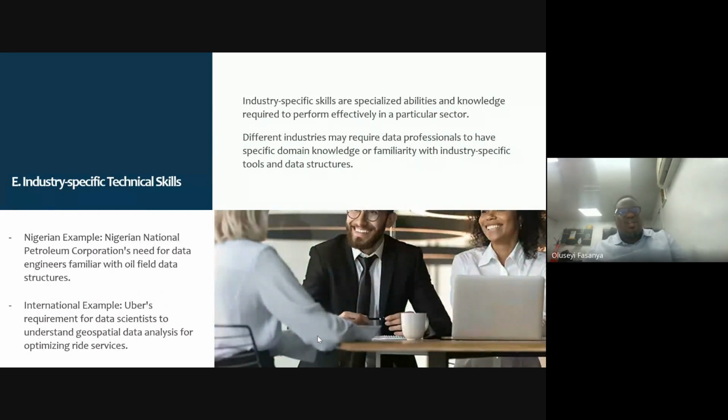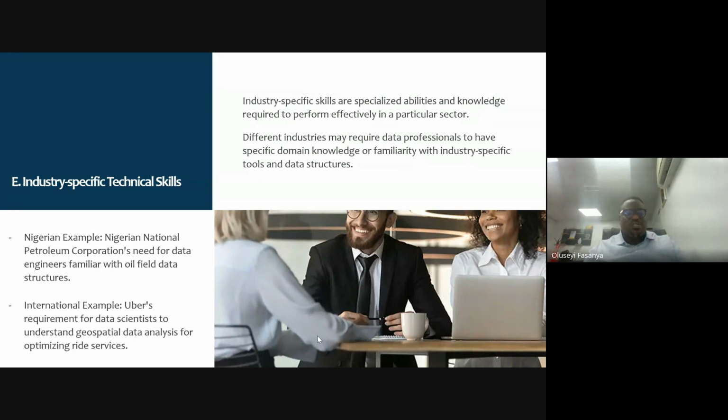For industry-specific and technical skills, which talks to specialized ability and knowledge required to perform effectively in a particular sector, different industries may require data professionals to have specific domain knowledge or familiarity with industry-specific tools and data structures. In the Nigerian field, Nigerian National Petroleum Corporation, NNPC, for example, needs data engineers familiar with oil field data structures.